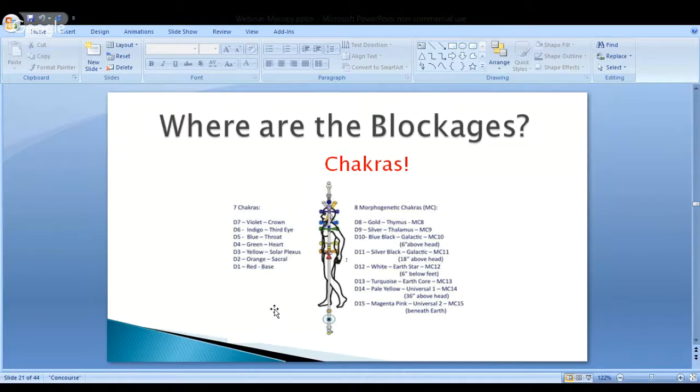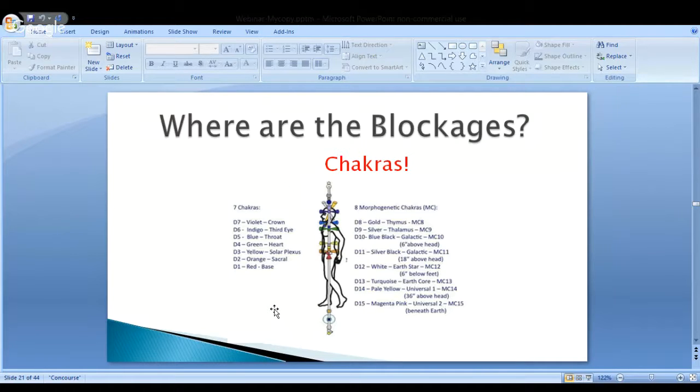The base chakra swirls facing towards the earth, and the crown chakra faces the sky. And all the other chakras, the third eye, the throat, the heart, the solar plexus, and the sacral, are actually facing outwards from the front and the back.